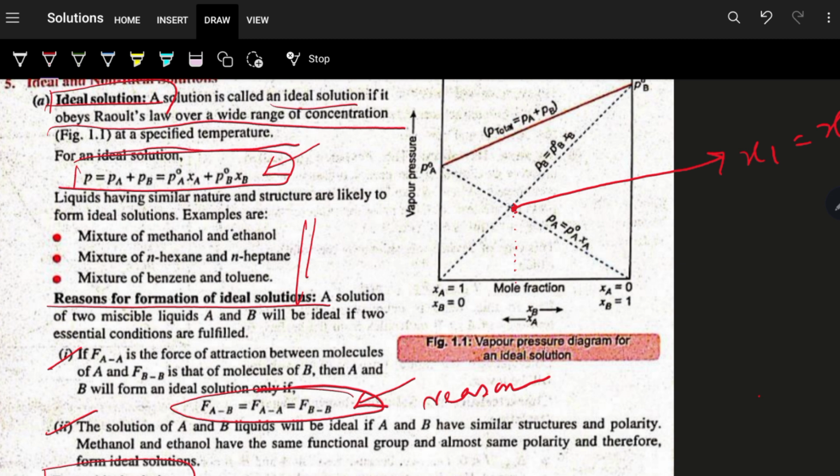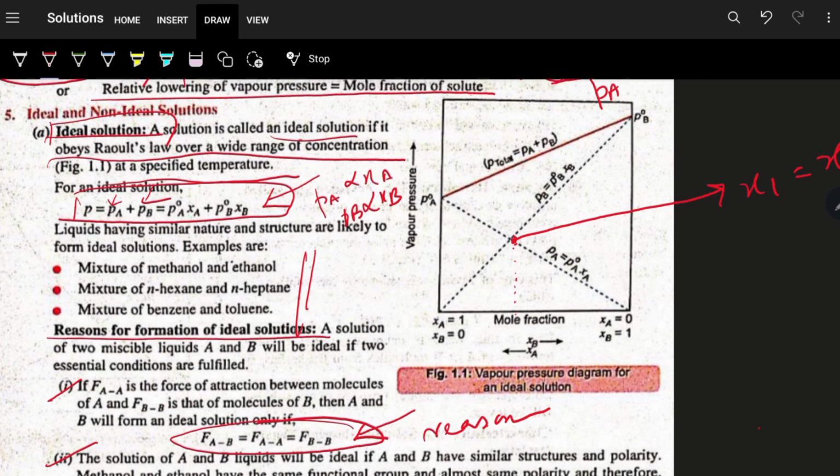So, P is equal to PA plus PB. And PA was proportional to XA and PB was proportional to XB, for which it is equal to PA naught XA plus PB naught XB.